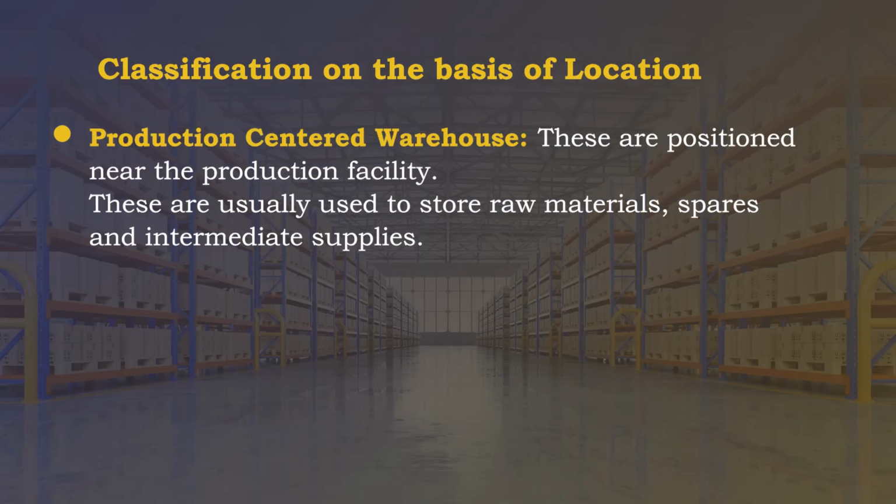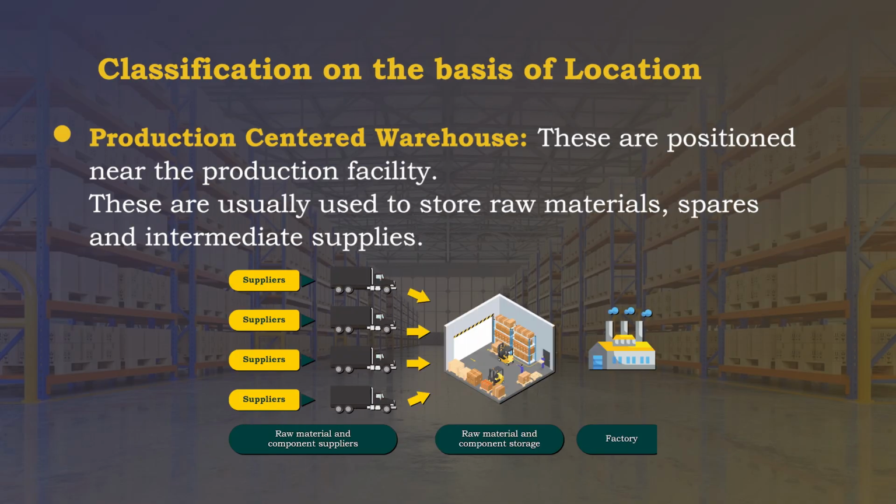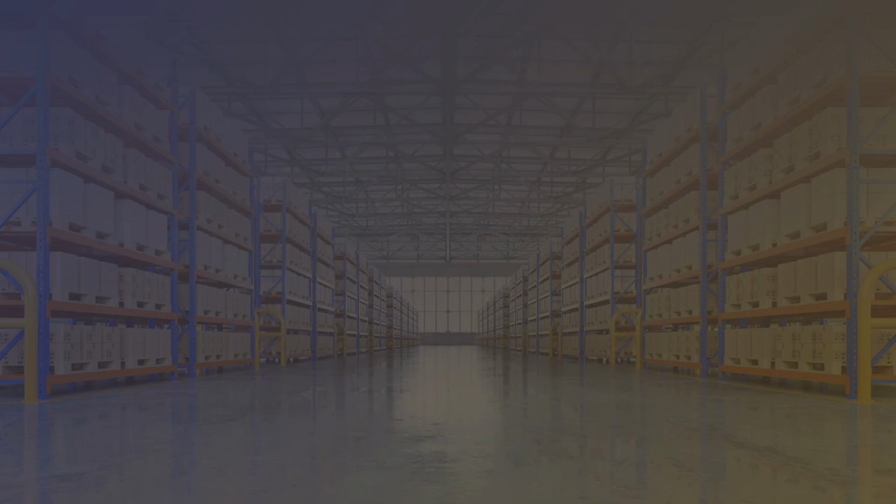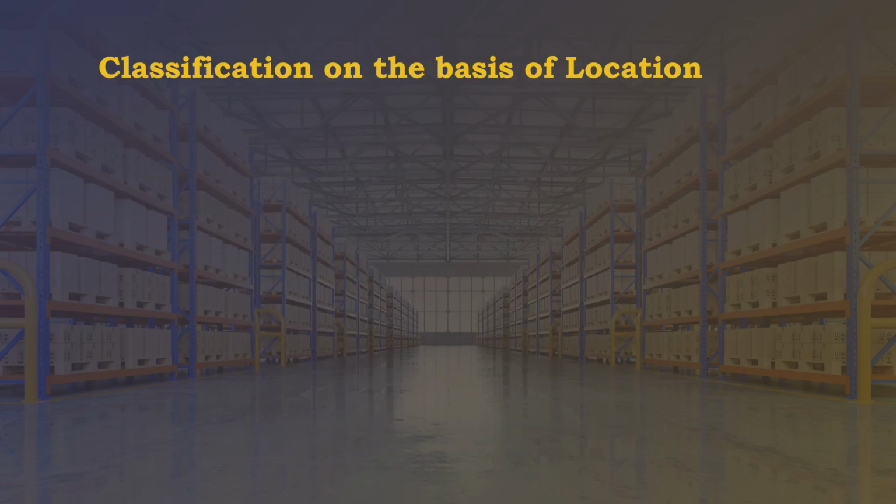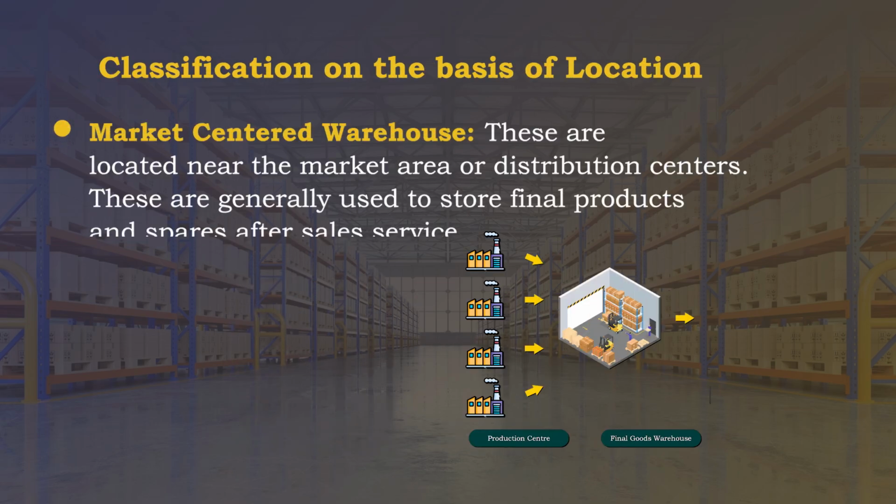Next, classification on the basis of location. A. Production-centered warehouse. These are positioned near the production facility. These are usually used to store raw materials, spares, and intermediate supplies. B. Market-centered warehouse. These are located near the market area or distribution centers.